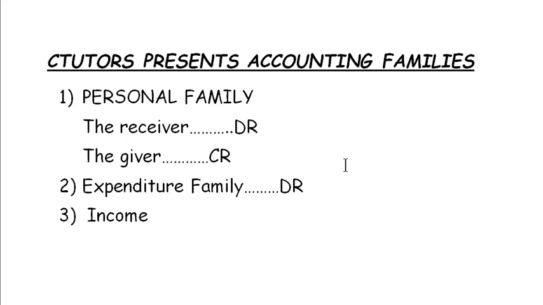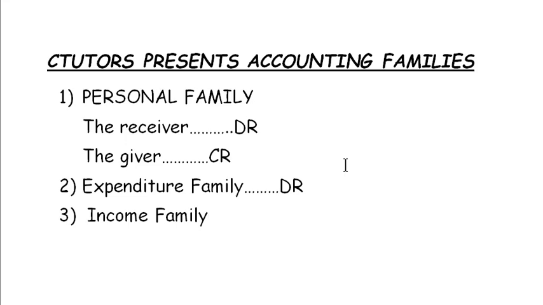Now I want you to know that some income are regular while some are irregular. Those income which are regular are classified under the income family. Then those ones that are not regular are classified to another family in accounting.